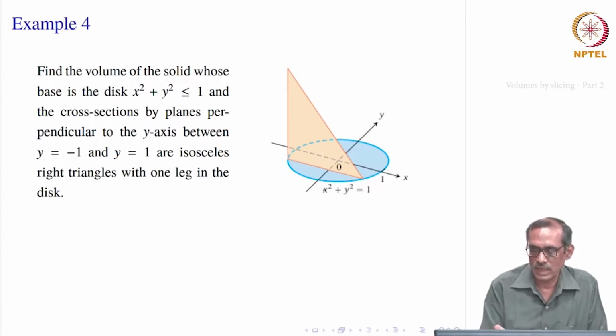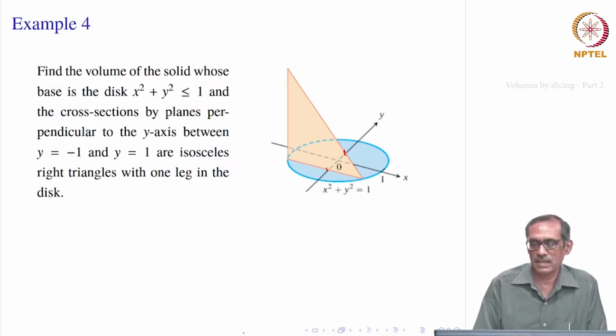That is how it gives y equal to -1 to y equal to 1, and it forms an isosceles right triangle with one leg in the disk.